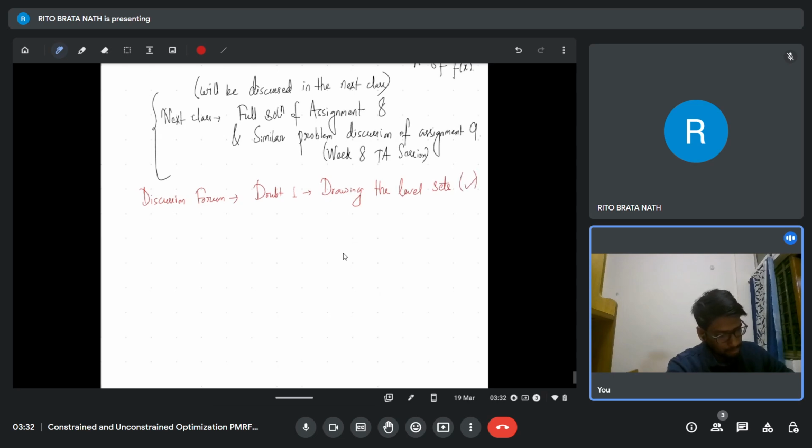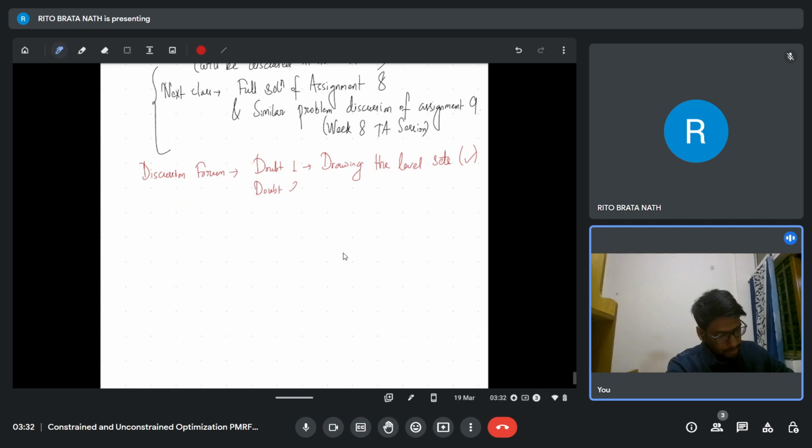Doubt 2 was on assignment 5, question 1, about the objective function, but the solution is present in one of the options. So this is also fine.